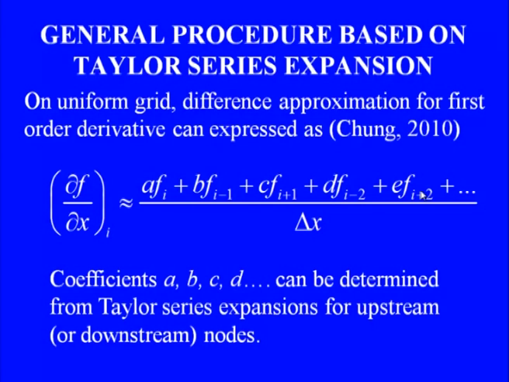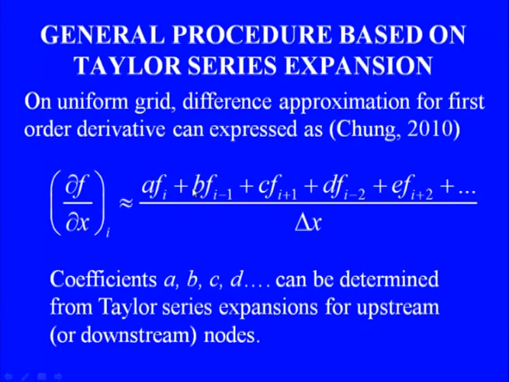So, using this simple logic, Chung has proposed this formula: del f over del x i is approximately equal to a f I plus b f I minus 1 plus c f I plus 1 plus d f I minus 2 plus e f I plus 2 and so on. So, we can choose as many neighboring grid points as we would like to obtain a difference approximation for the first order derivative.